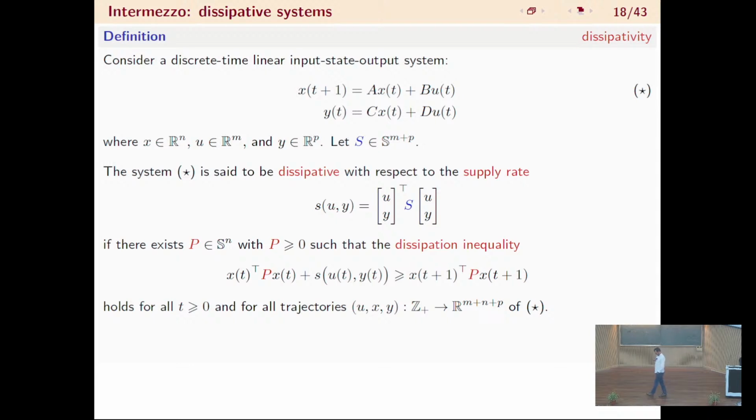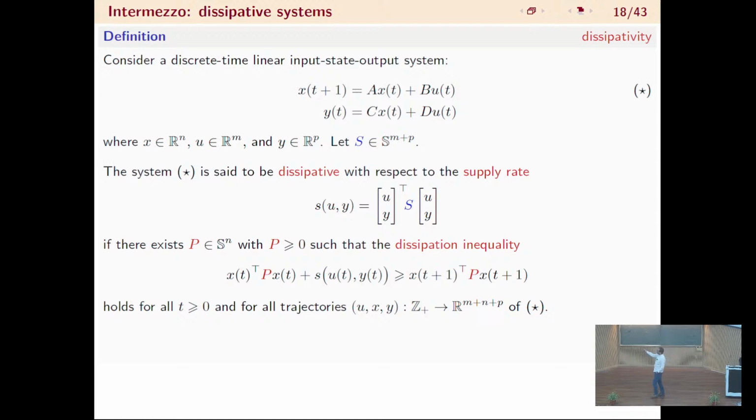And what this dissipation inequality tells is the following. P, or x transpose Px, represents the energy stored in the system at time t.